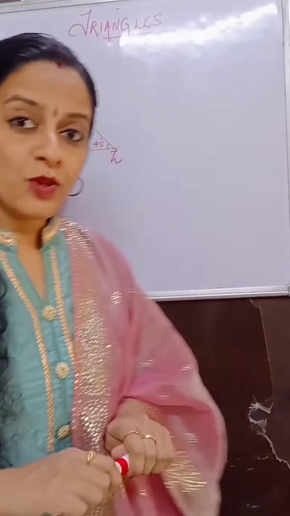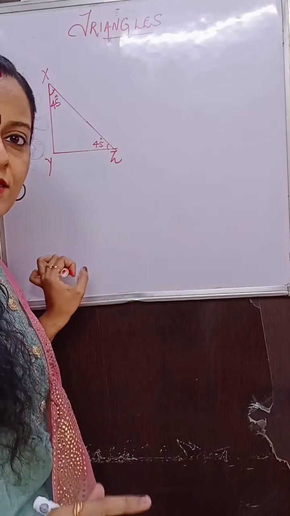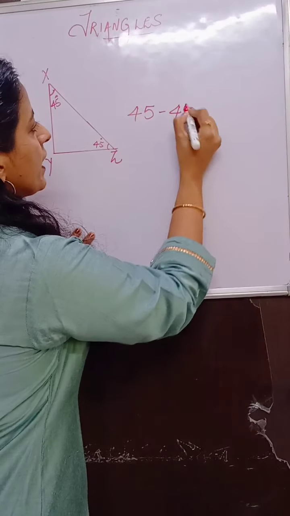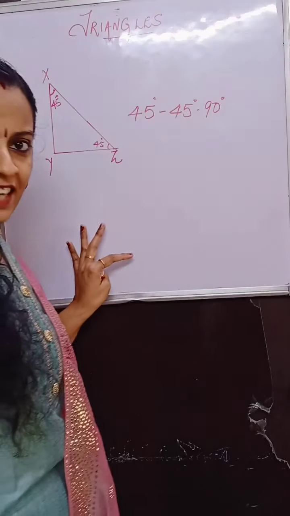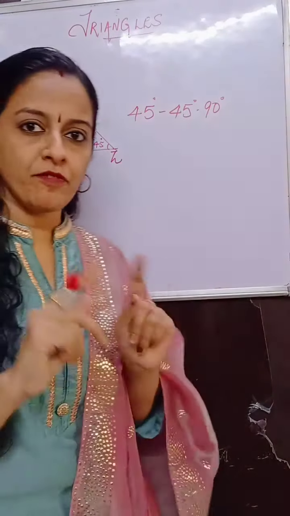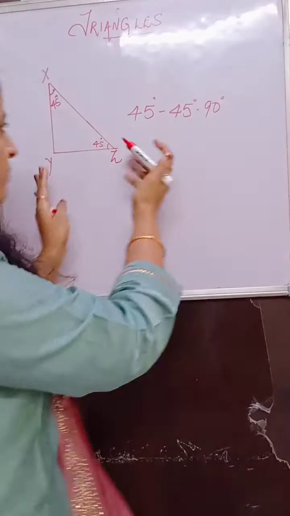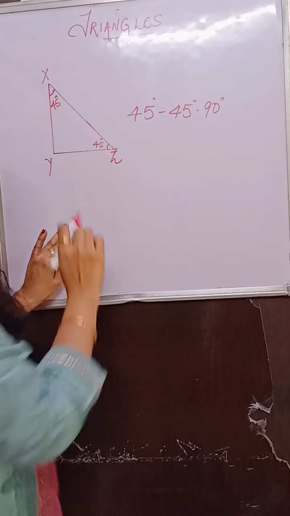Okay. Now, as you can see, here I have a triangle and the measures of the angles of this triangle are 45, 45, 90. If you have a 45, 45, 90 triangle, then one thing that we can assure from this figure, just look at this figure: in this triangle, two angles are congruent.